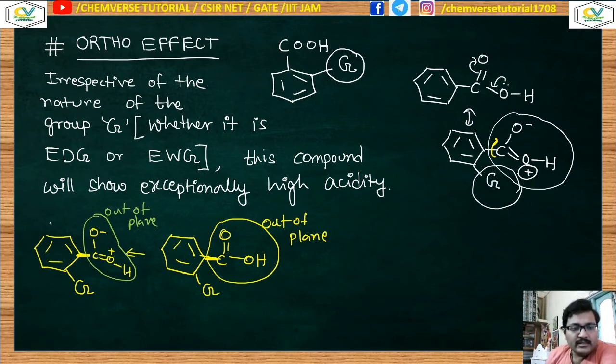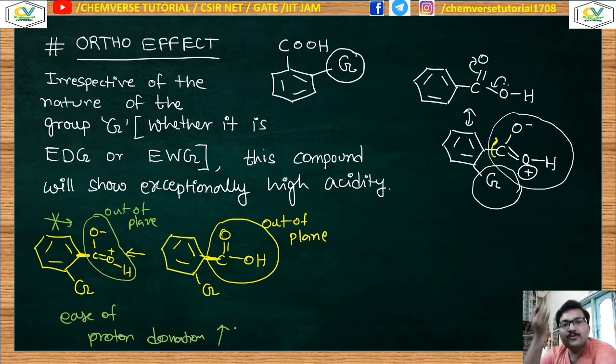Electron density cannot be donated from the benzene ring because resonance is no longer possible. Resonance occurs only in the same plane. If the substituent is out of plane, it cannot take part in resonance, and that is why the ease of proton donation increases. Ease of proton donation increases means acidity increases.